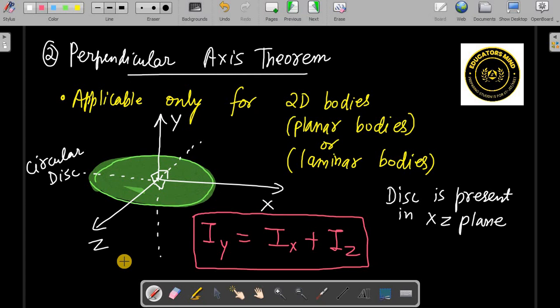The idea is that x and z are the axes present in the plane of the disk, right? So if you know moment of inertia about x and z, you can add both of them. That will give I about the perpendicular axis, which is y-axis here. Okay, that is the idea. We can prove it. It is not very difficult. Let's just quickly prove it.